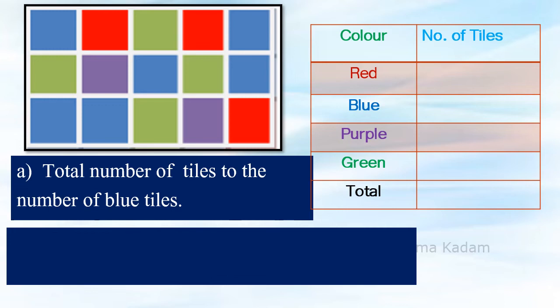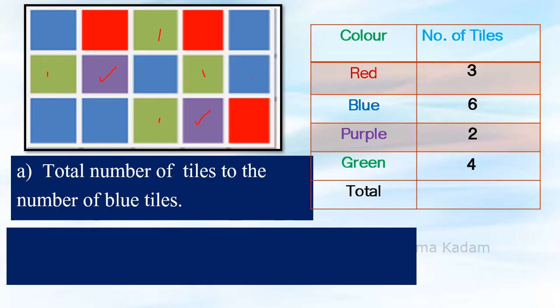Red number of tiles, how many? 3. Blue, count 1, 2, 3, 4, 5, 6. Therefore 6. Purple, 1, 2. So 2. And green, 1, 2, 3, 4. Therefore green tiles 4. Now in all total, see 1, 2, 3, 4, 5. 5 3s are 15.